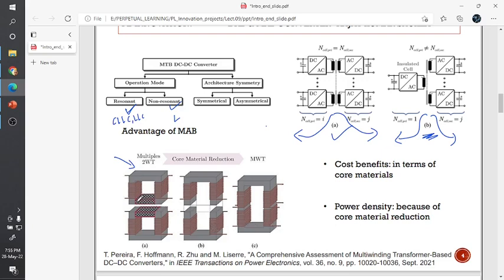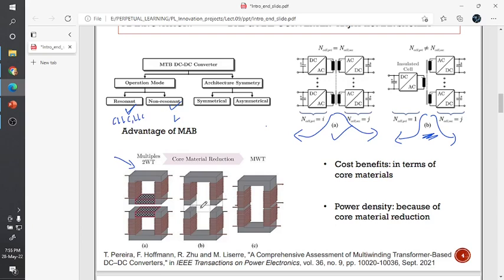If you are using two dielectric bridge converters for different sources and loads, the transformer core material required is high compared to the multi-active bridge converter.